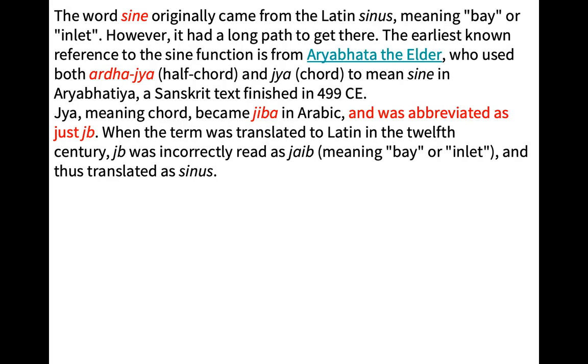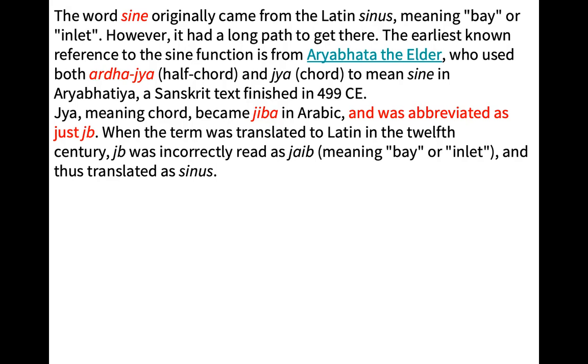Well, in Latin, this word in Arabic means bay or inlet. So when they translated the Arabic, which had been translated from Sanskrit, back into Latin, we don't even know what the original Latin word is because it got lost to history.